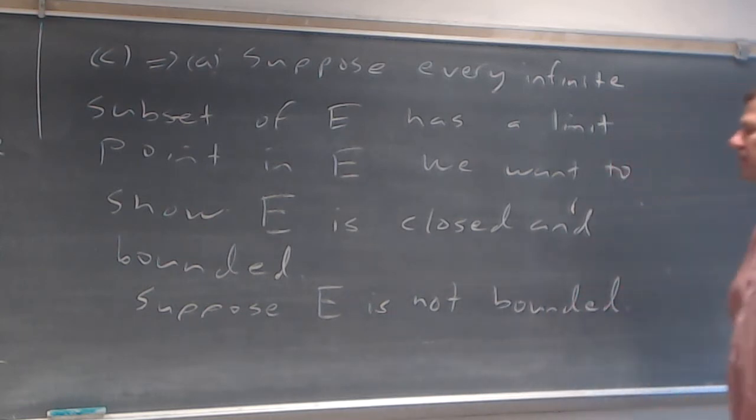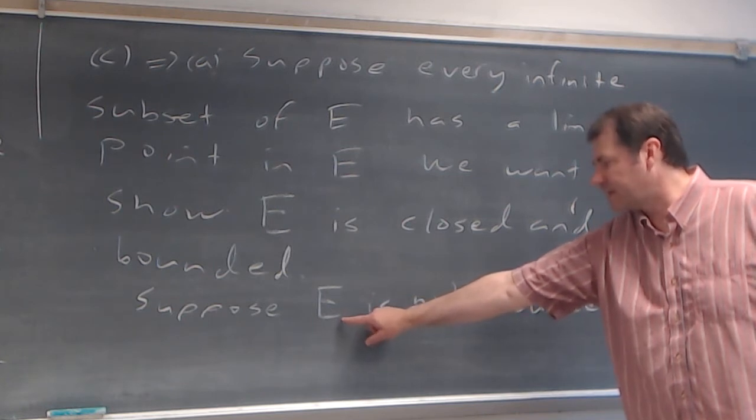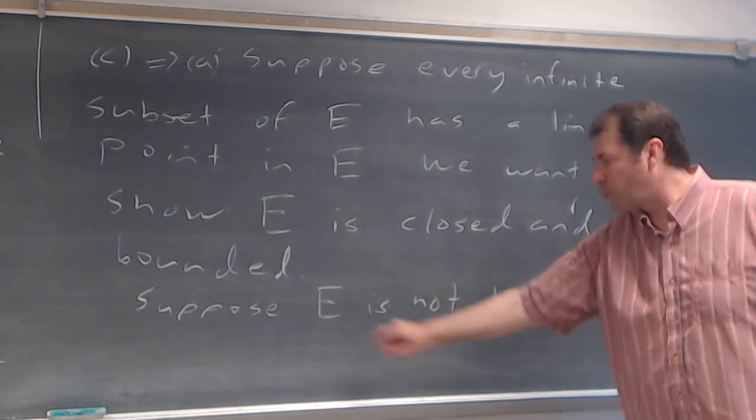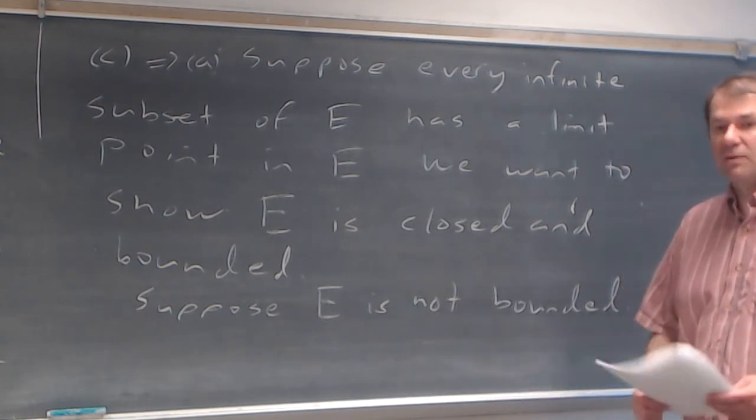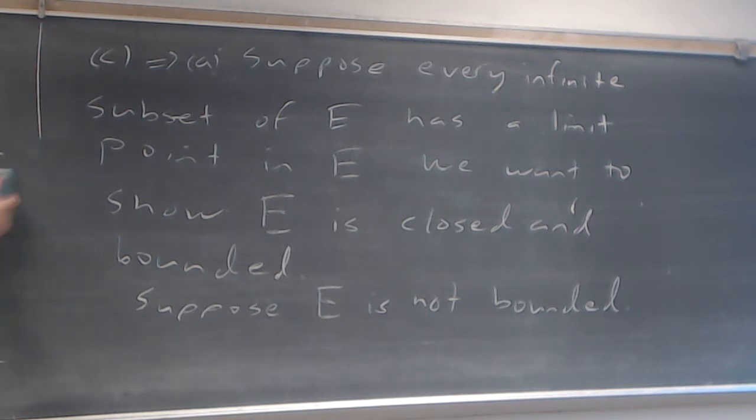We haven't done a lot with bounded sets, but you might remember that being bounded means there's some real number M greater than 0, and a P in the metric space, such that the distance between all the points in E and that P will be less than or equal to M. Here we're saying E is not bounded.